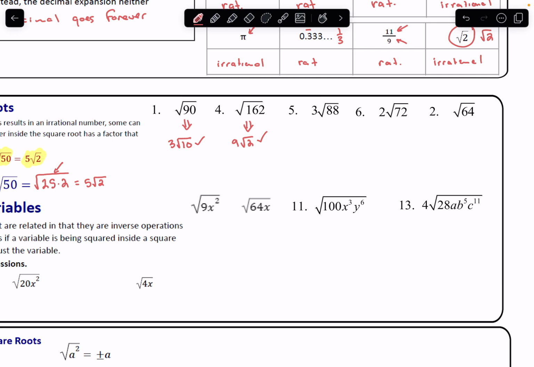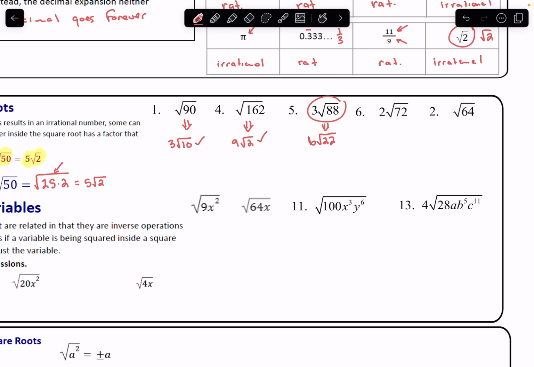We like them. 3 square root 88. If you type this in your calculator, it should spit back, what? 88 is 4 times 22. So it's going to spit back 6 square root 22 is what you're going to get back for that one, I think.